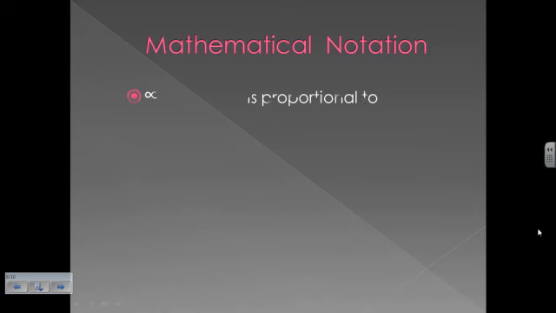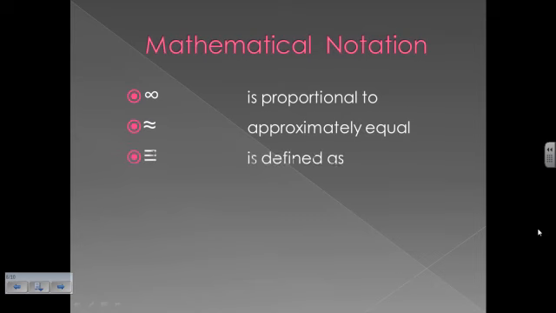Mathematical notation. There are some symbols that you're going to need to be familiar with as we go through this process. For instance, an infinity sign in physics means is proportional to. The squiggly equal means it's approximately equal. We're not sure that it's an exact measurement. We're close, but we're not sure.